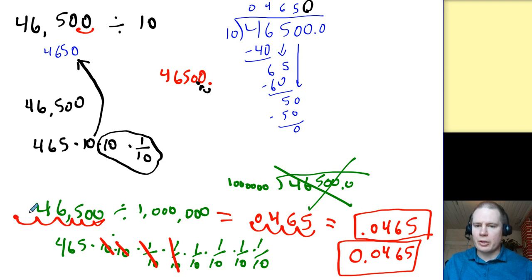I just slide it over, put in the placeholder 0, and there's my answer. So the decimal place value system lets us multiply or divide by 10 really just by sliding around what place value we're at. 465 is still 465.